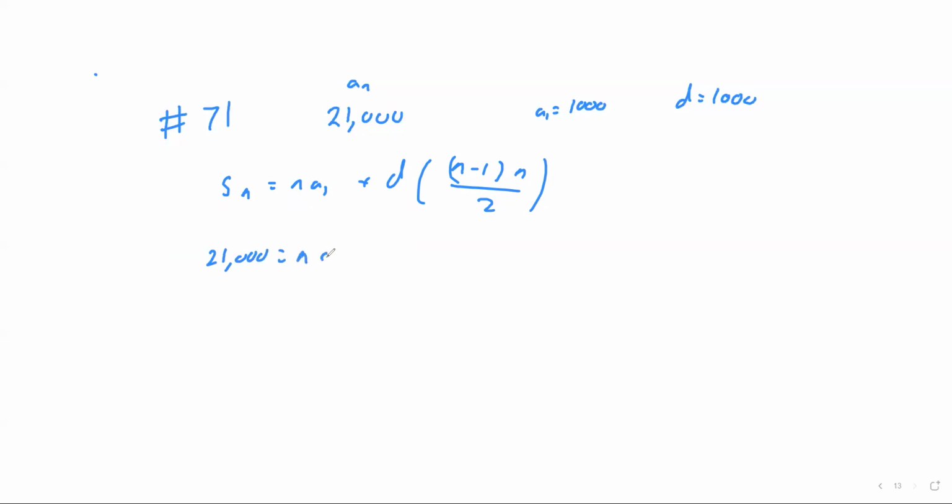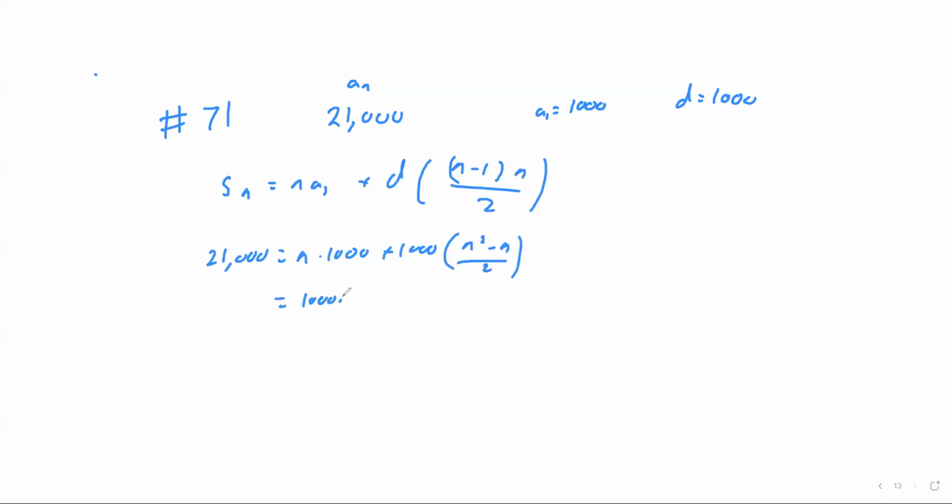I don't know my n. But I do know my A of 1. My A of 1 was 1,000. I know my difference is 1,000. And then I don't know this. So let me go ahead and just simplify this. This would be n squared minus n divided by 2. Okay, so let's do this.